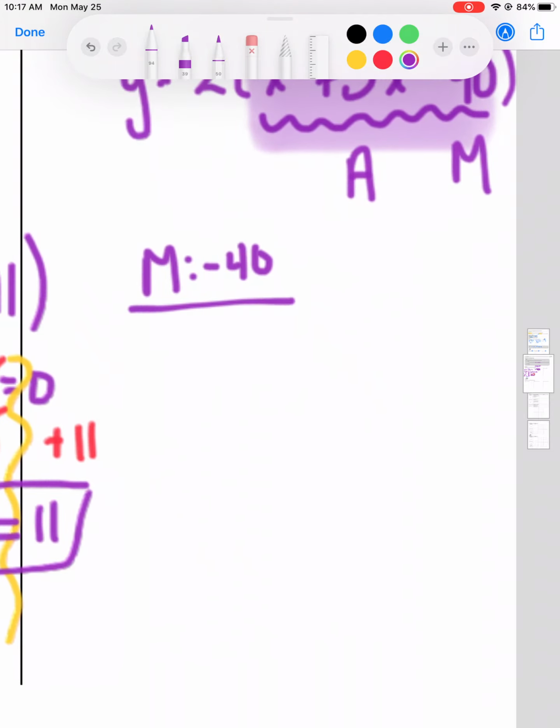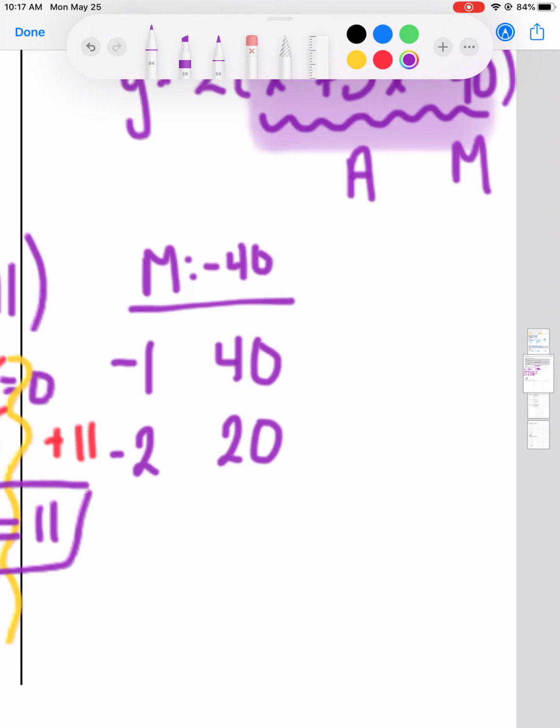So I'm only just going to do that. I'm just going to save myself a bit of time. So I know 1 and 40 give me 40. My bigger number has to be positive, meaning my smaller number is negative. Okay. 2 and 20. Okay, my smaller number is negative.